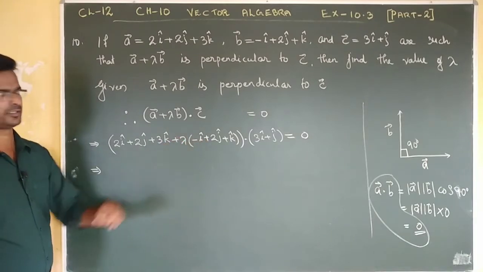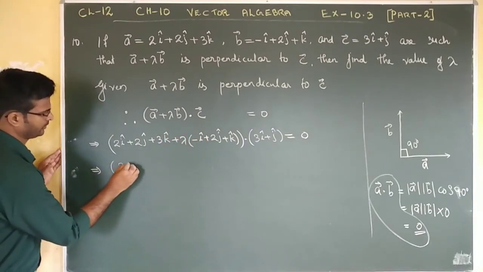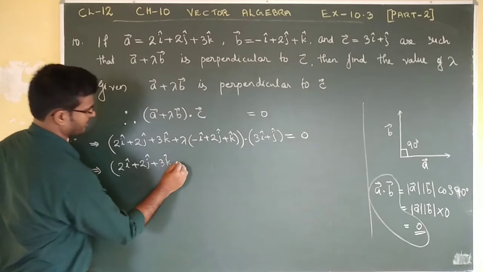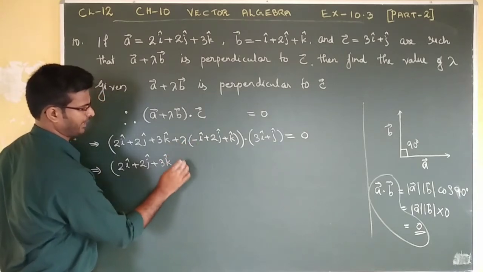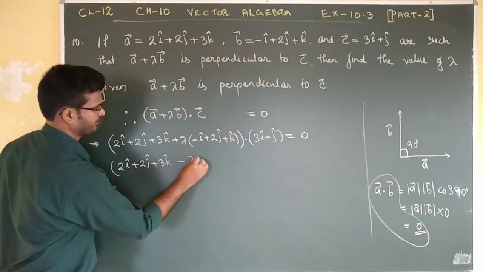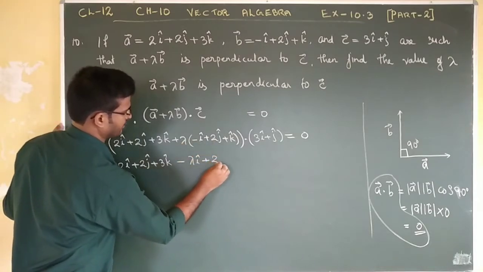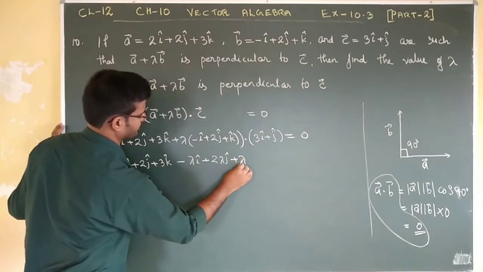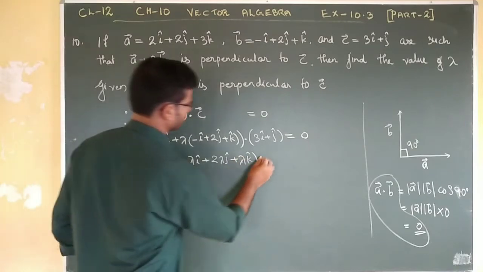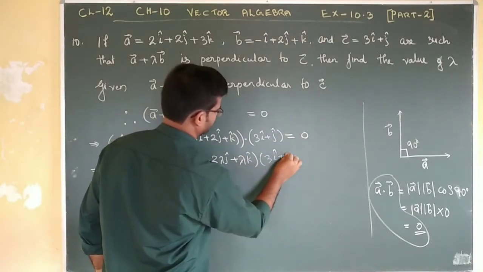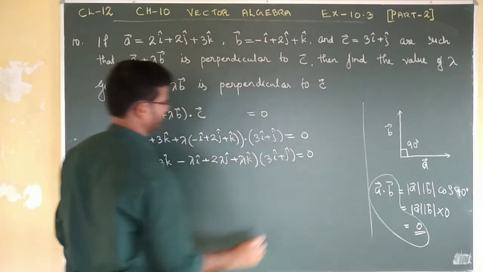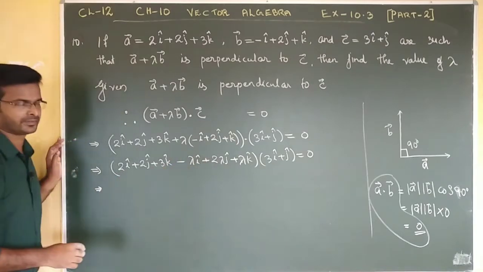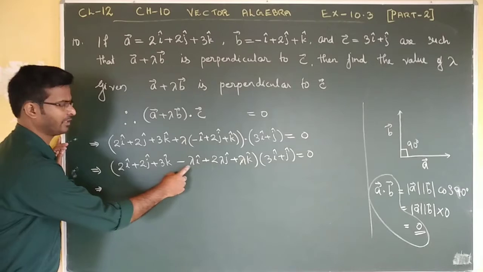Multiplying by lambda, we can remove the bracket: 2i plus 2j plus 3k, then minus into plus gives minus, lambda into i, then 2 lambda into j vector plus lambda into k vector. Inside the bracket, you can see similar terms, that is 2i and lambda i.